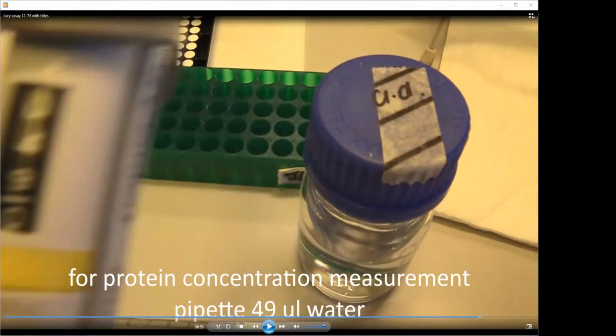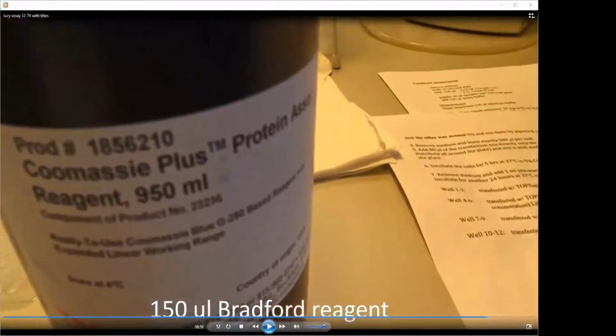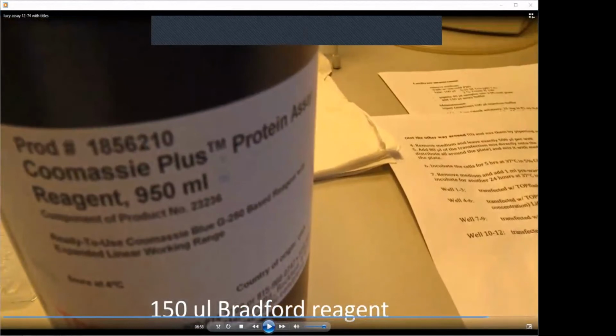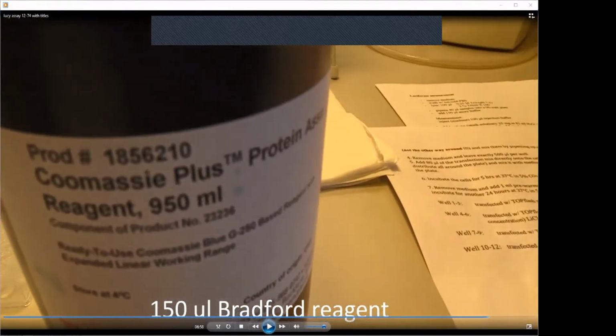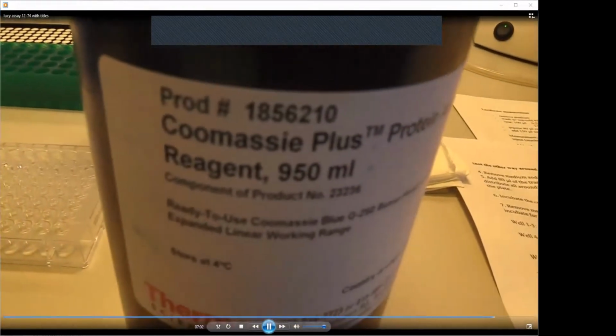And for that purpose, I have used the so-called Bradford assay, where you have to mix water, 49 microliters in this case, 150 microliters of the Bradford reagent, which you can see here. So it's a Coomassie-containing reagent, and that's a commercial product, and 1 microliter of each sample of our lysate.